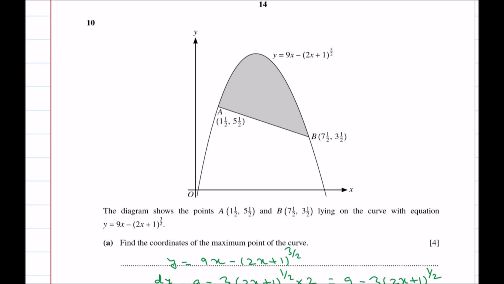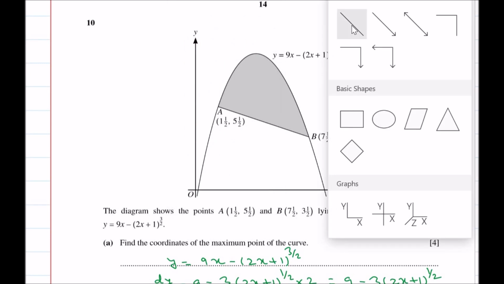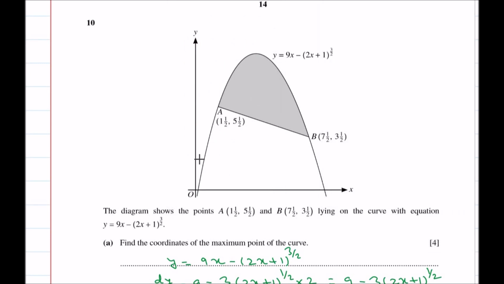So at A, we are drawing a tangent. Okay, this is the tangent, right? So this tangent and AB, they are perpendicular to each other.